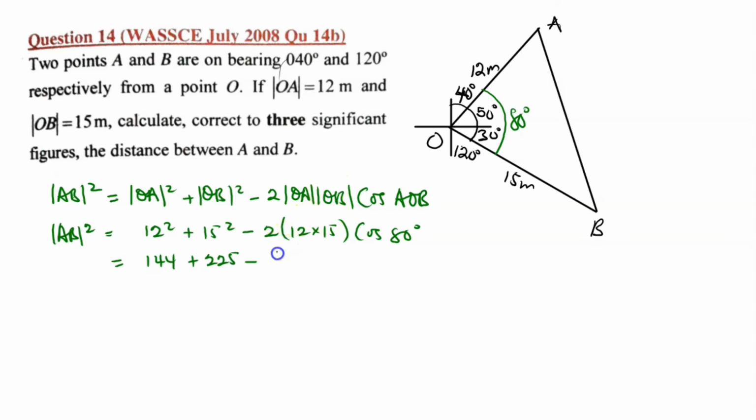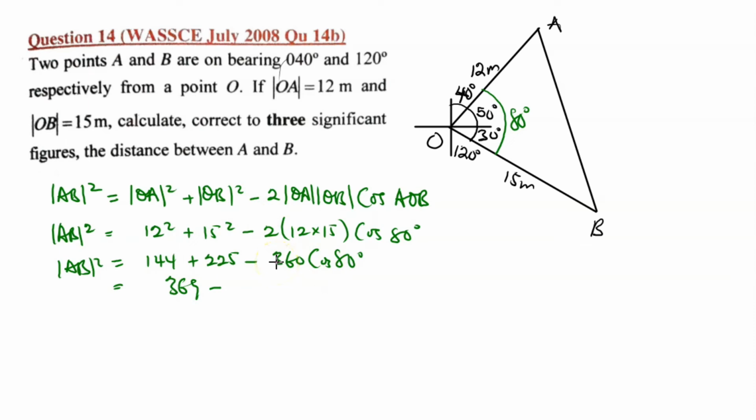So we have 360 cos of 80 degrees. AB squared is 144 plus 225, an answer of 369.